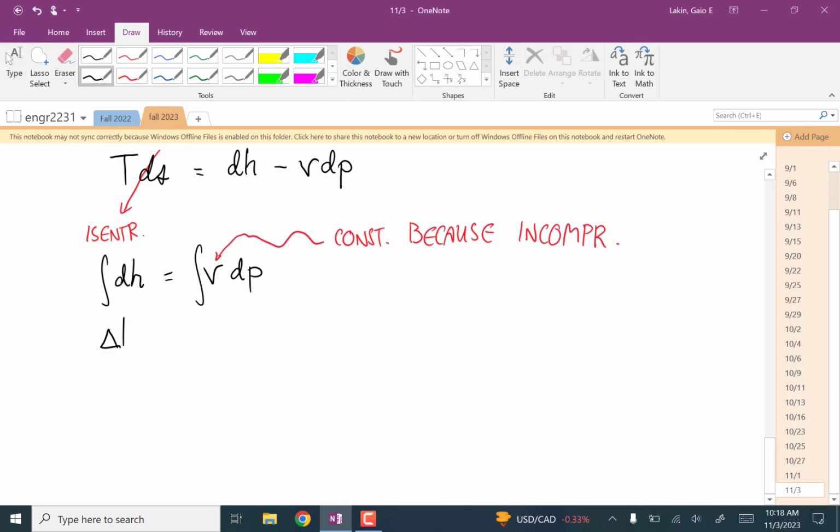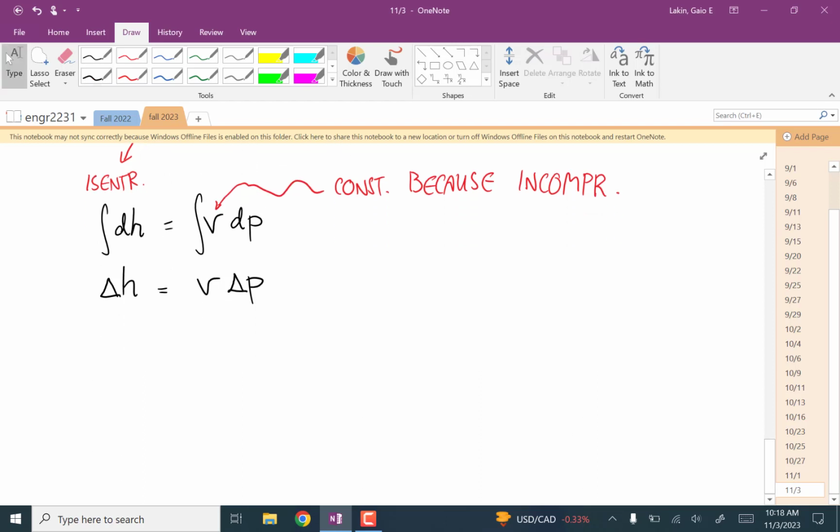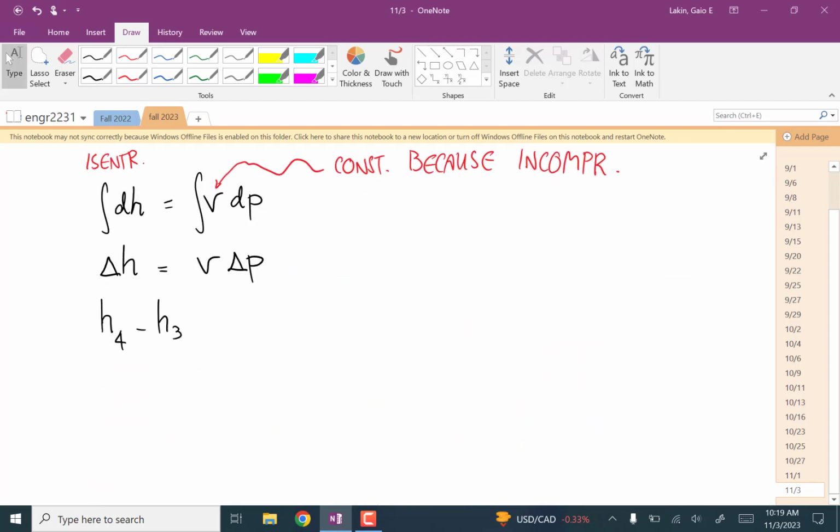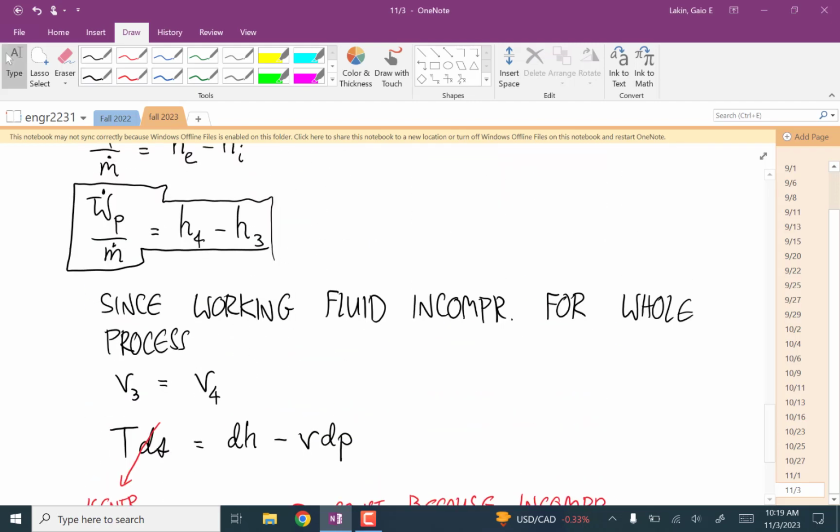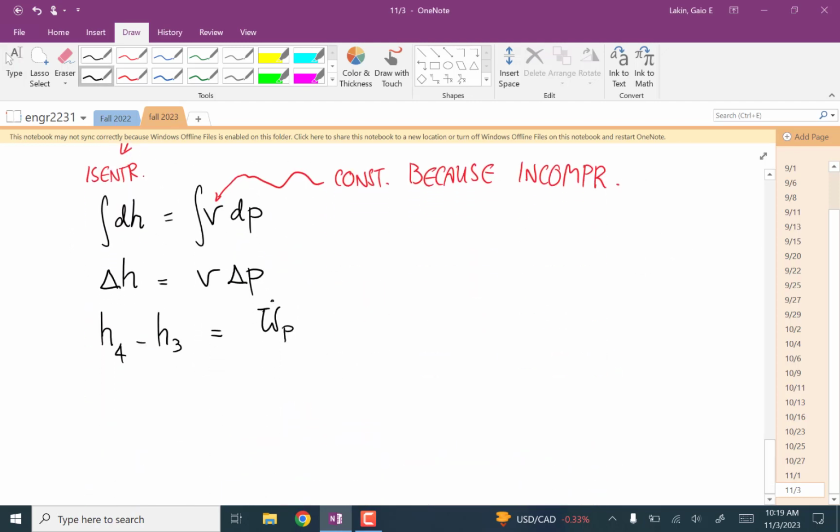And so the change in H is equal to V times the change in P. So H4 minus H3, which, notice, is equal to our W dot P over M dot, is equal to the specific volume at either one of those two states times the pressure at state 4 minus the pressure at state 3.